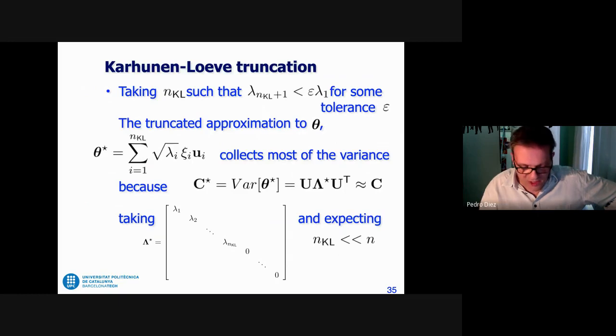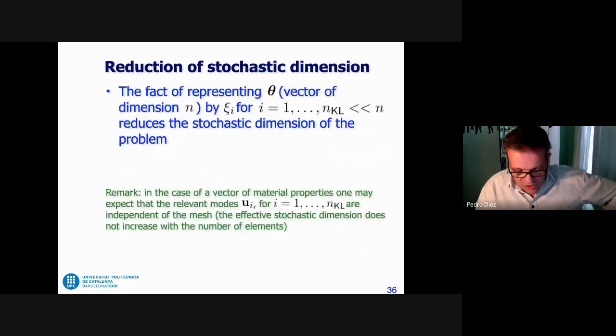So if instead of taking n, the full dimension of the problem here, we take a much lower number n_KL, KL standing for Karhunen-Loève, we construct a reduced version of theta, theta star, which collects most of the information. This is the same principle as in principal component analysis, and this is what allows us to reduce the stochastic dimension. Exactly the same idea as PCA.